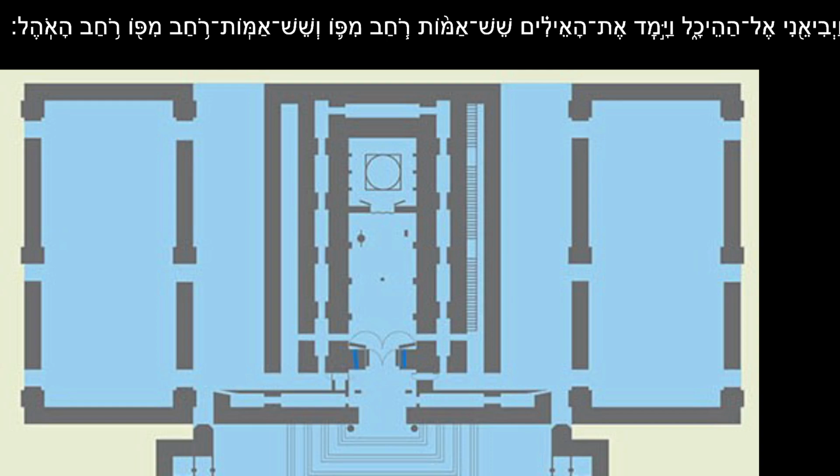I highlighted it in blue. The width of the tent, literally, refers to the width of the opening that ran from east to west, and we're saying that was six amot.